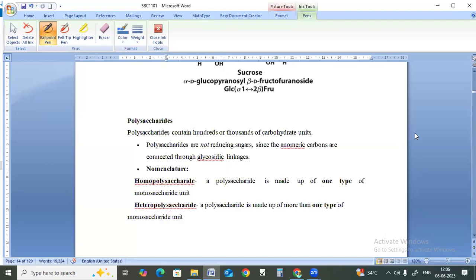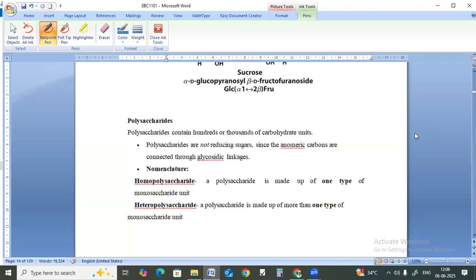The remaining sugars are reducing sugars, whereas sucrose is a non-reducing sugar. Polysaccharides are also non-reducing sugars because the anomeric carbon atom, the functional group carbon, is involved in the glycosidic linkage.